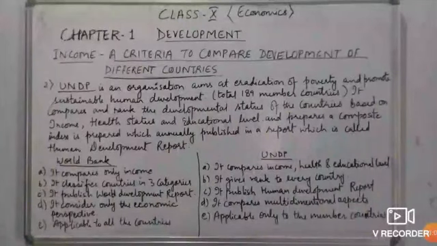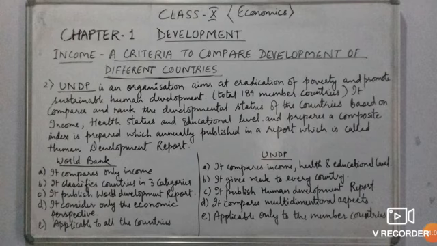Now there is another international organization working in the same field, comparing the development of different nations. It is the UNDP, United Nations Development Program. It is an organization that aims at eradication of poverty. To eradicate poverty is an important aim of UNDP, and to promote sustainable human development.